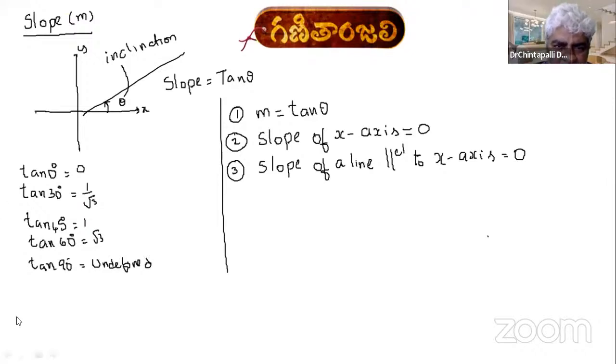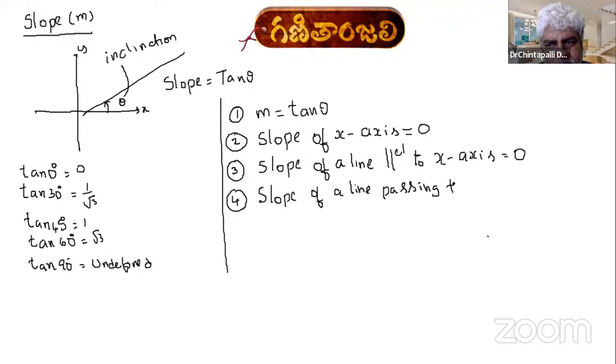Let's write that point here. Point number 4: the slope of a line passing through x1, y1 and x2, y2 is... Tell, Tanika, just now we have proved it. y2 minus y1 by x2 minus x1.